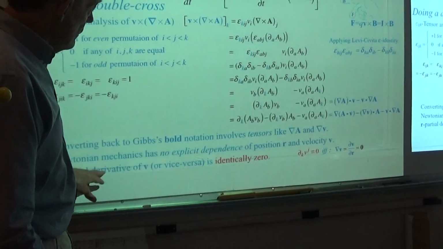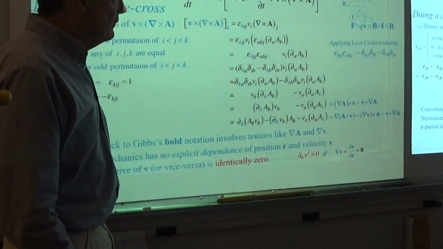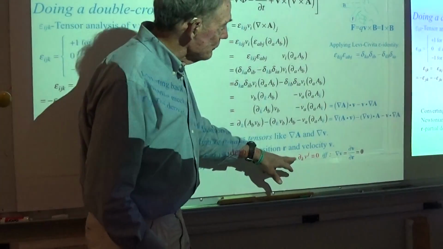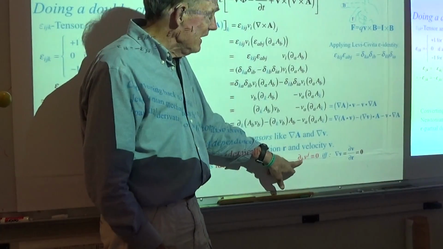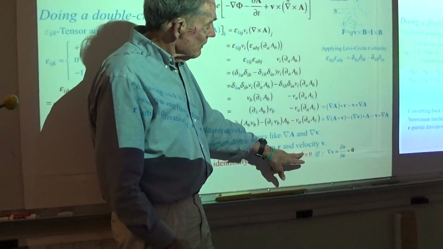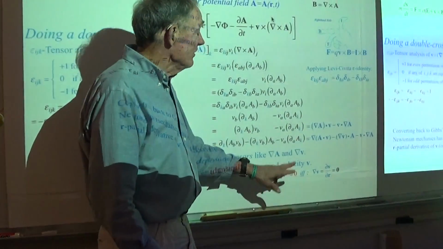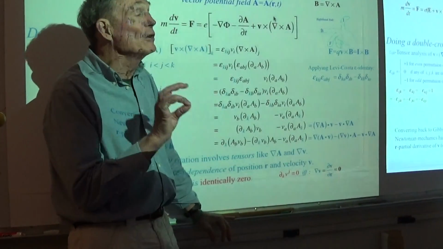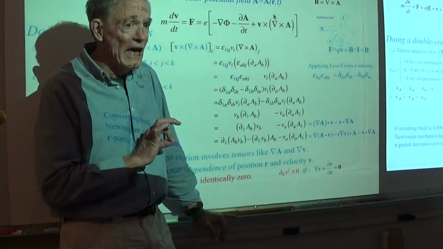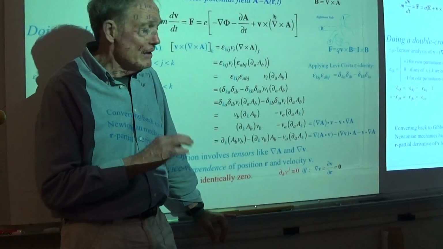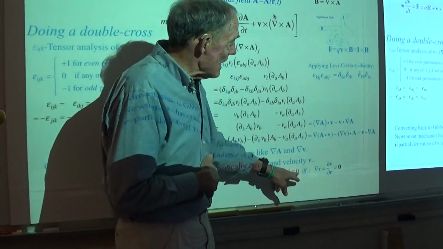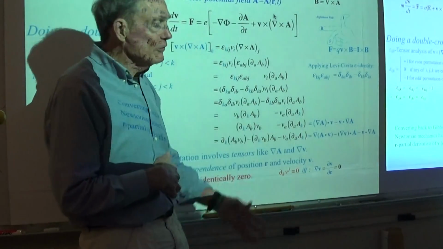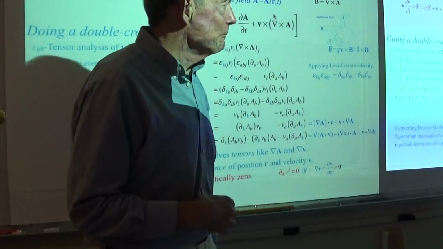We are going to say that the partial derivative with respect to a coordinate k of velocity j, for any k and j, is identically zero. Those are independent variables for mechanics. So we're going to be leaving out this thing from this particular combination.